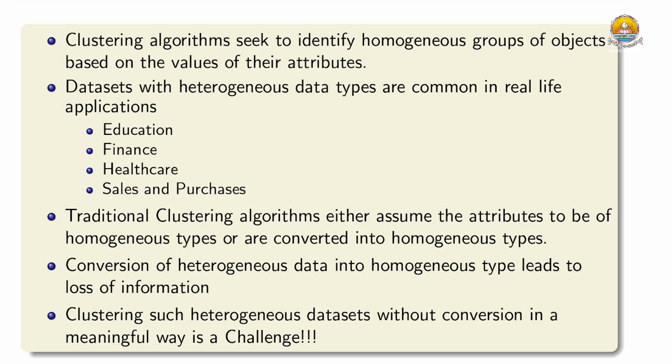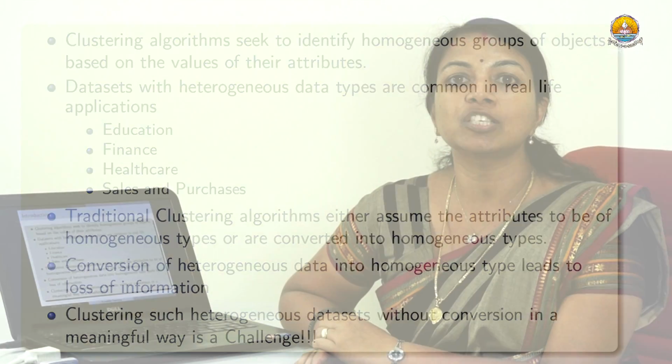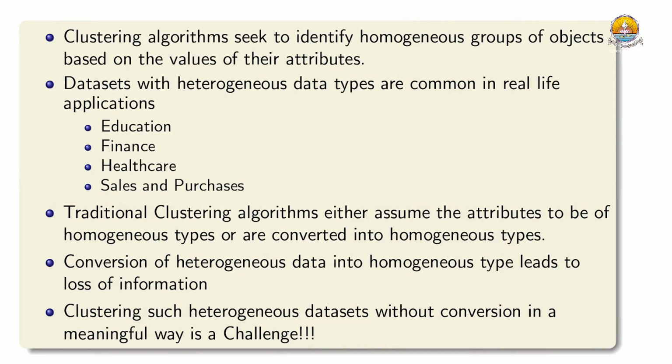Datasets with heterogeneous data types, however, are now common in real life, such as in educational domains, finance, healthcare, sales and purchases. However, traditional clustering algorithms tend to deal with clustering of only homogeneous data types, but conversion of heterogeneous data into homogeneous data leads to loss of information. So, clustering such heterogeneous datasets is really a challenge.